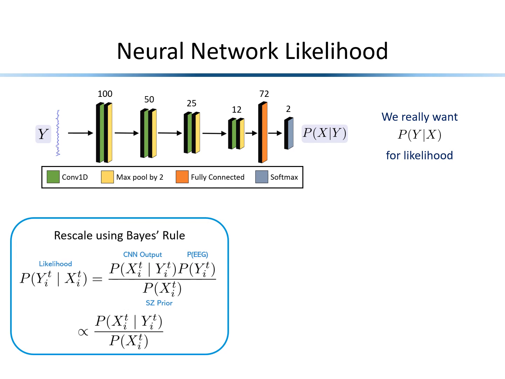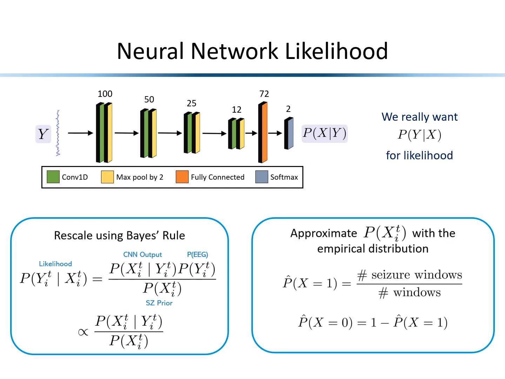So we can drop this factor and just consider the ratio of the CNN output to the seizure prior. In fact, we can approximate this seizure prior P(X) with an empirical distribution. Across the training data set, we can compute the likelihood of a particular EEG window as being seizure versus baseline and pre-compute these P(X) values.